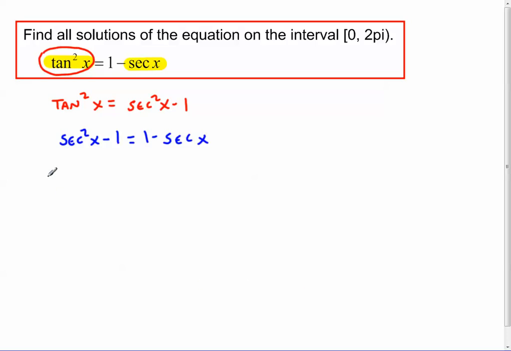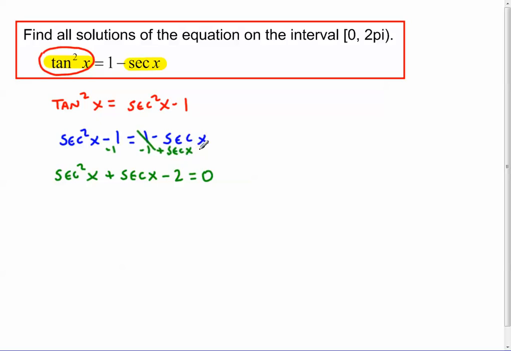I'm going to add over secant. So secant squared x, again, I'm going to add secant, which makes it plus secant. I'm going to subtract 1, which gives me negative 2 on the left. Okay, so once again, all I did is I subtracted 1 from both sides. I canceled the 1's out here, and I added secant.